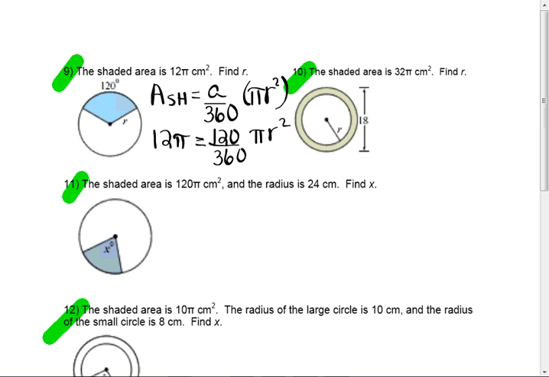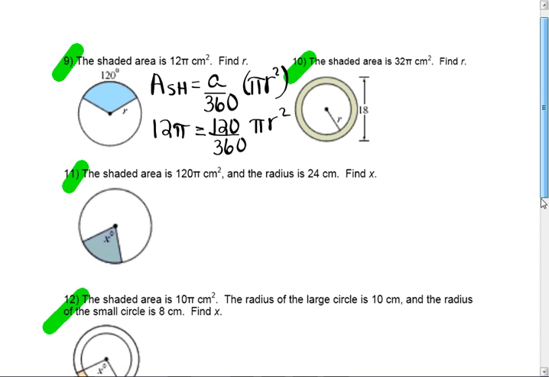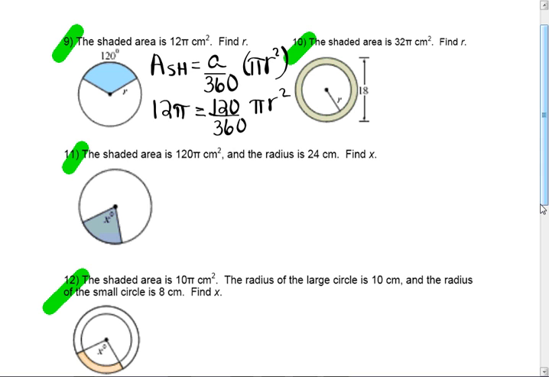The answer to this is 6. Okay, first question is the setup. Do you understand that? Yep. What happens to the pi's? They cancel out. Can I reduce the 12 over 36? Yeah, 1/3. So 12 equals 1/3 of r squared.